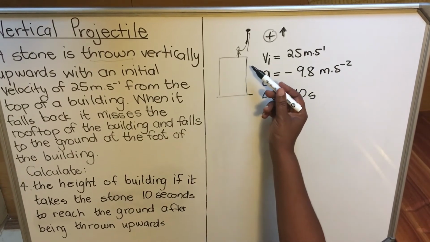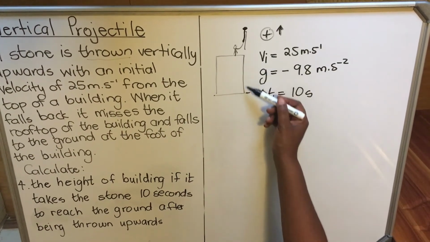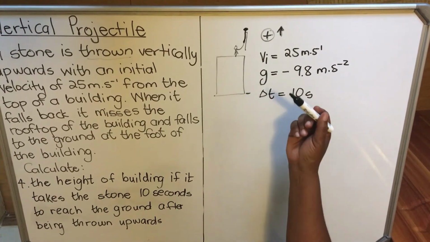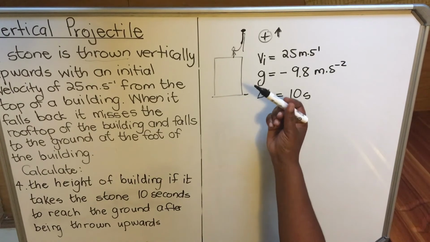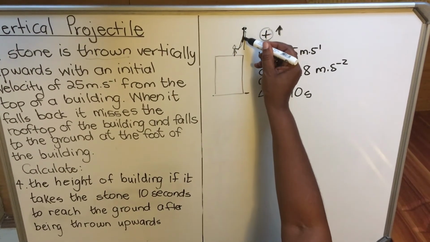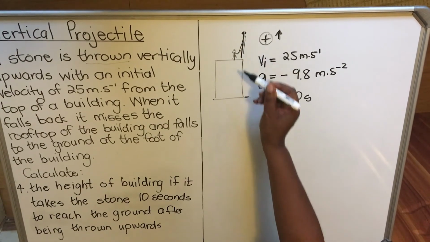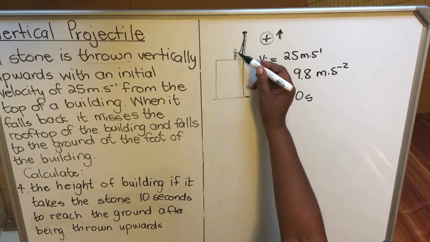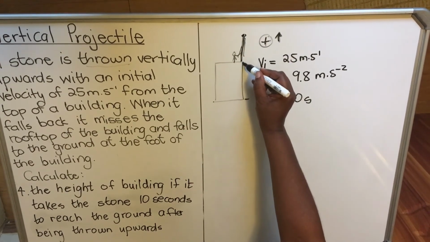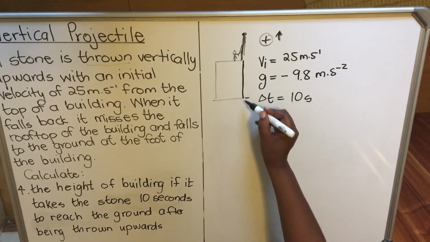So we were asked this distance. Displacement is the distance from where you have started to where you have ended. So the displacement here, it was thrown up and then it went back. When it comes here, it is 0 because there's no distance from where we started. We started here, went up and went back. So when we calculate, we'll only get this one because we didn't go back.